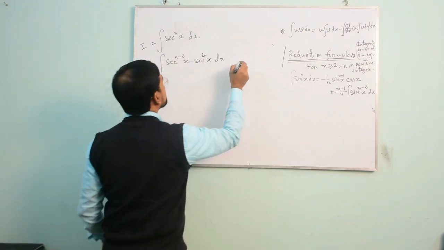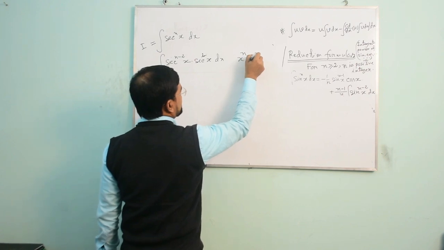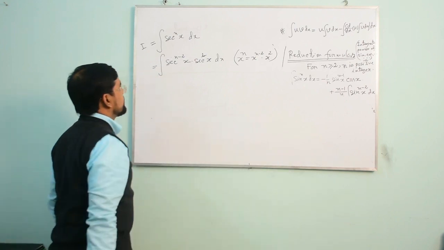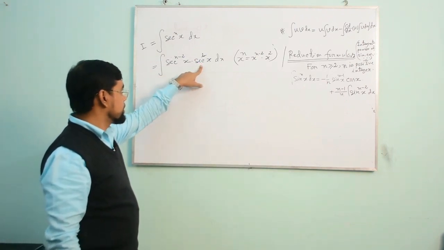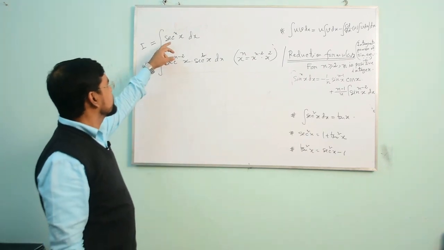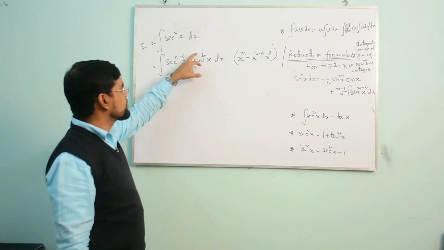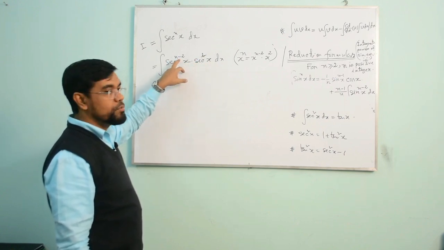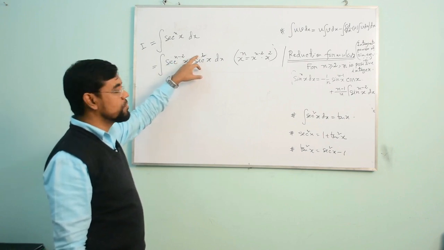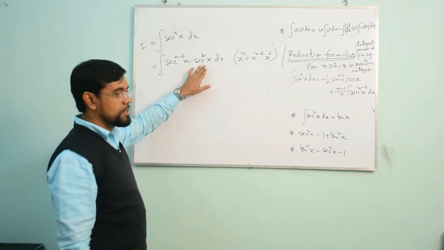In this case you need to expand it like sec to the power n minus 2 into sec to the power 2, because we know this formula sec^2 equals 1 plus tan^2. So you see sec^n x equals sec^(n-2) x sec^2 x, and before we used n minus 1 and 1, but here we are using n minus 2 and 2. Why? Because we know this formula: integration of sec^2 x equals tan x.